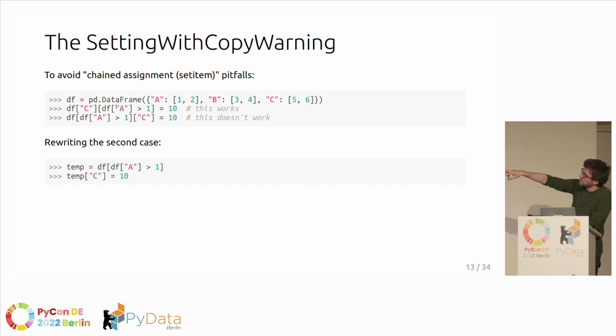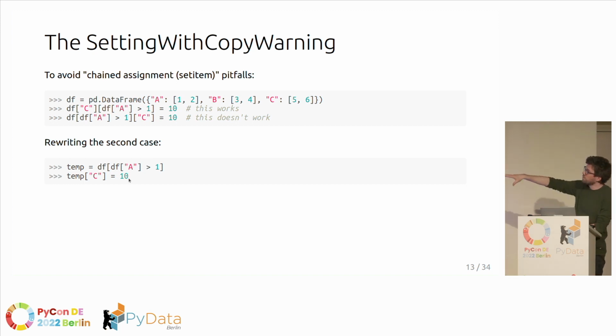Now, if you rewrite the second example that doesn't work in 2 lines. First, we are selecting our rows. That becomes a temporary variable. And then on this temporary variable, we assign the value to that specific column.